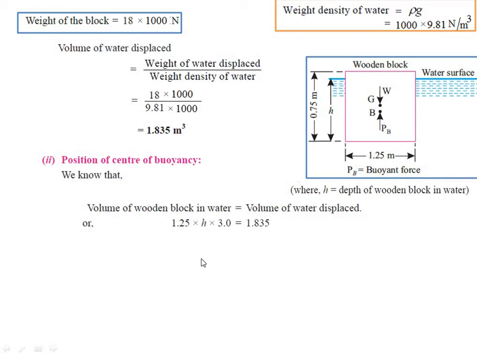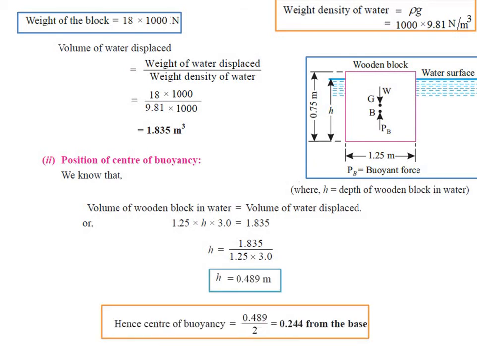volume of water displaced. So the volume of wooden block in water is nothing but 1.25, its width, into 3 meter length into depth, the unknown value H, equals 1.835. So H can be given as 1.835 divided by 1.25 into 3. So H is nothing but 0.489 meter.